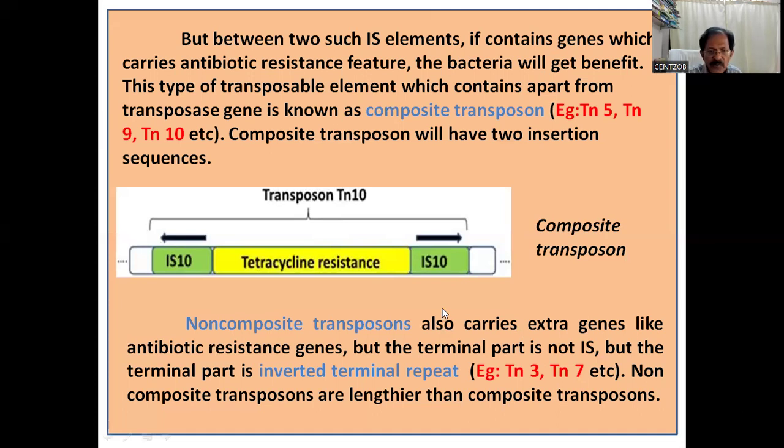So in one way, it resembles the composite transposon. But in which way does it differ? It has no IS element on either side, only inverted repeat. Important examples: Tn3, Tn7, etc. Non-composite transposons are lengthier than composite transposons.